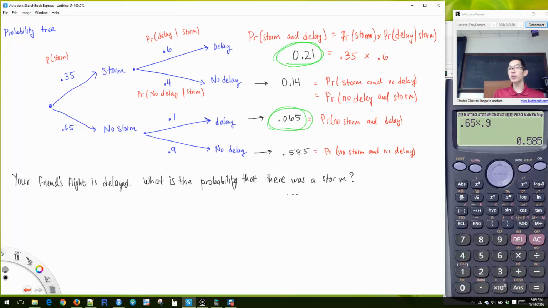Okay, so this is a different question, right? Now we're waiting, and we say, oh okay, status delayed. We can then go back and ask, what was the probability that there was a storm? So what is the probability of a storm, given that there was a delay?